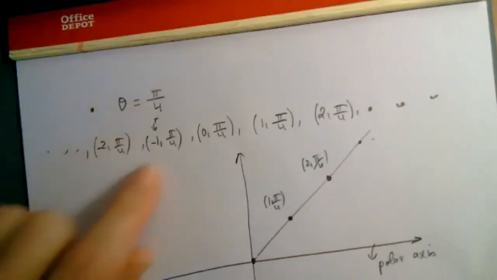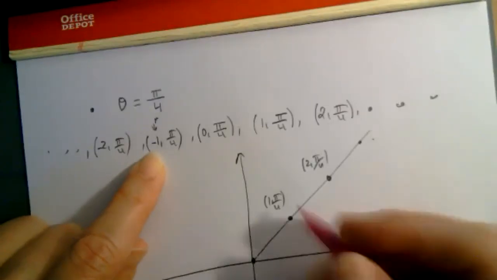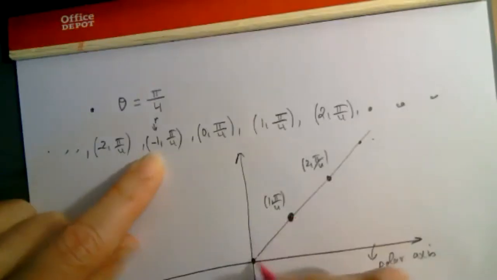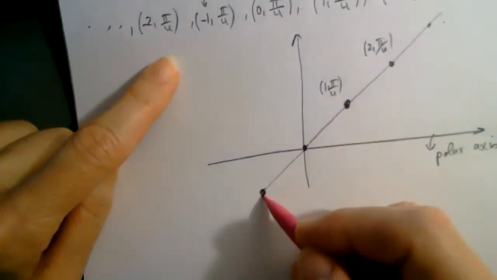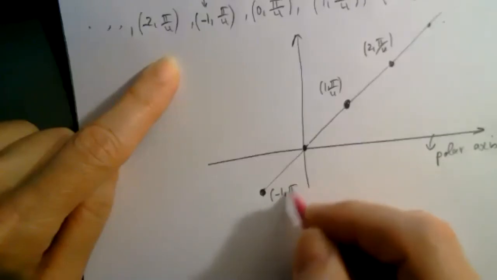But now I allow r to be negative. So minus 1, pi over 4. Where will it be? This is 1, pi over 4. Minus 1 is going to be in the opposite quadrant. This would be minus 1, pi over 4.